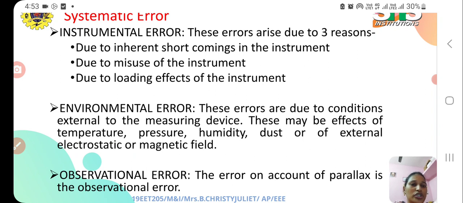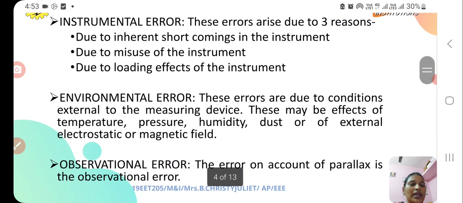If due to misusage of the instrument, if I misuse the instrument and it becomes faulty, then it is an instrumental error. And then due to loading effects of the instrument. While connecting to the terminals of the measuring instruments, if I load too many wires, it is called loading.